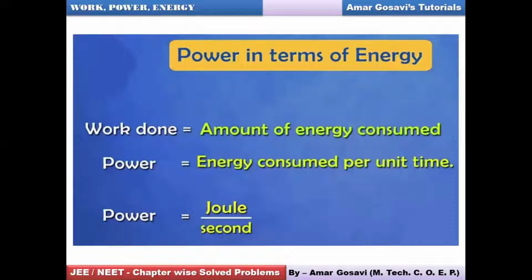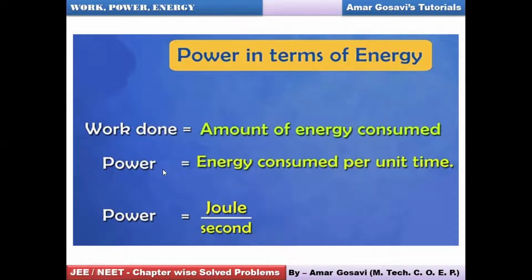In terms of energy, if we want to define power, how do we define it? When we talk about work done, it is the amount of energy consumed, or you also put energy as capacity to do work. So what is power then? Power is the energy consumed per unit time, and the unit for power is joule per second.